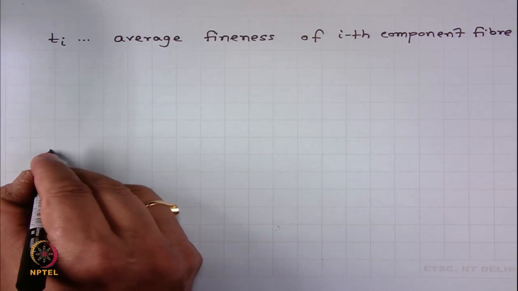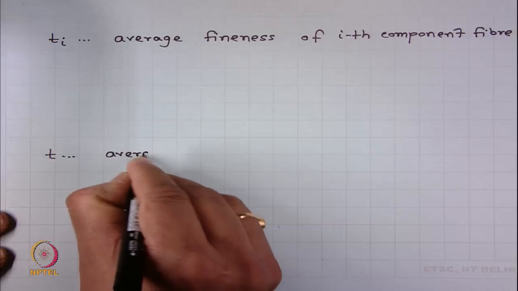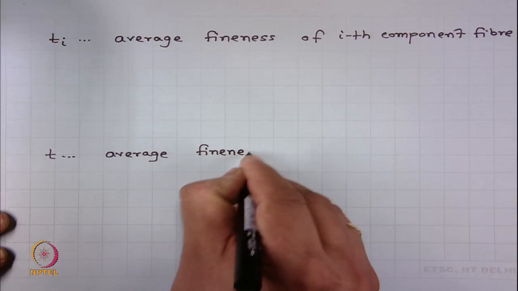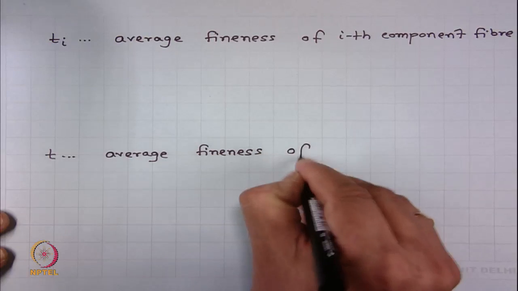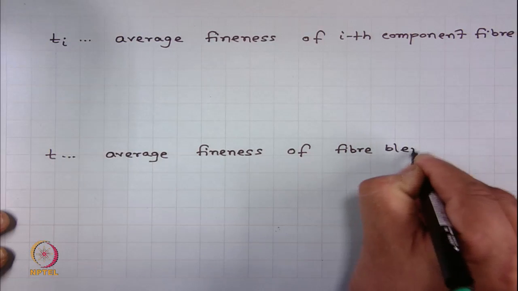And T will denote average fineness of fiber blend or fiber mix.